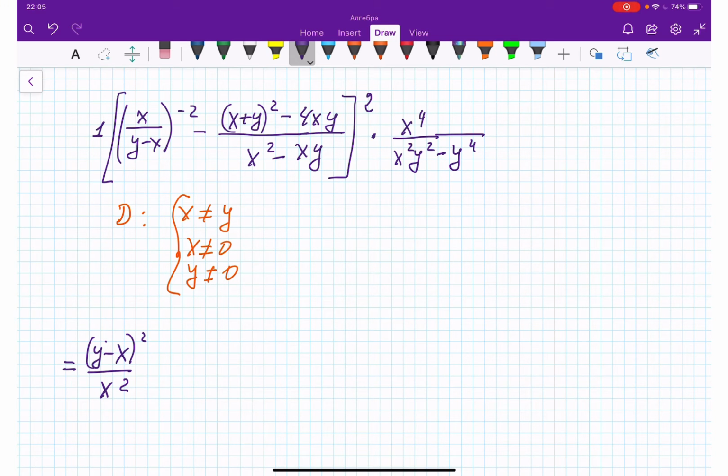I separate it. So look here, if I open the parentheses, x gets squared, y minus x again is squared, and here I got the square. Yes? All right. So, minus.